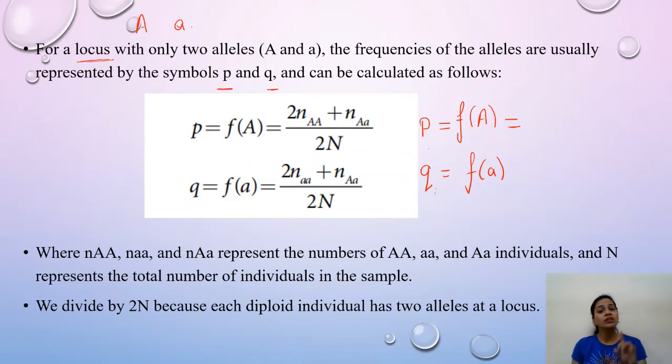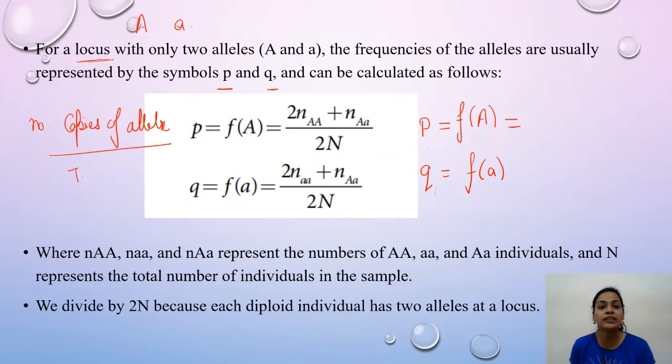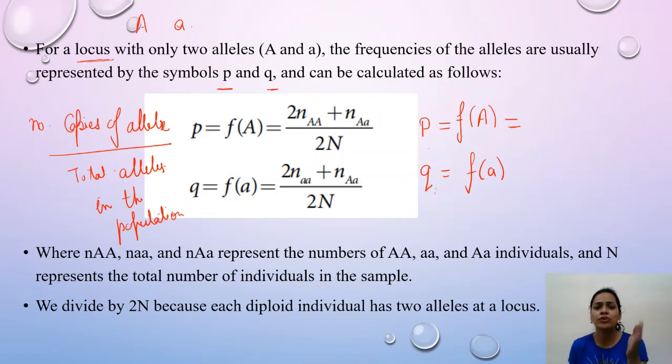Our previous knowledge says that the allelic frequency can be calculated by dividing the number of copies of each allele in the population by the total alleles in the population. So we are going to apply this formula itself and just put in the values.